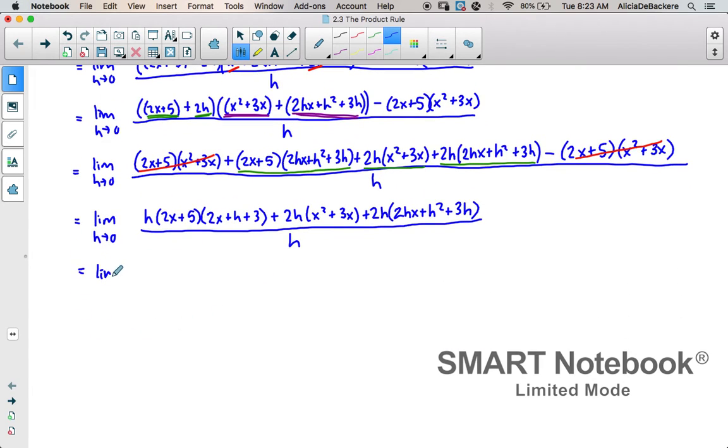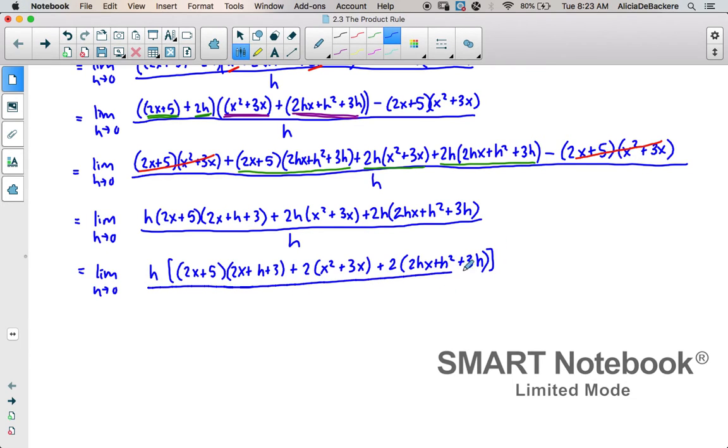All right, so now when I have these 3 pieces, these 3 expressions, they each have a common factor of h. I'm going to pull it out front. And this was all so I could cancel this h here.